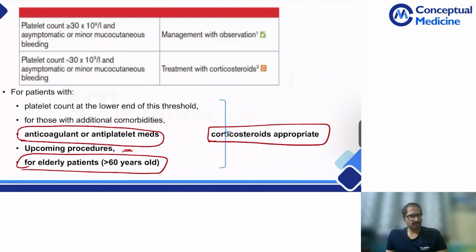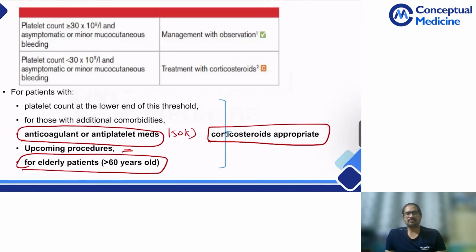If the patient is on aspirin, clopidogrel, heparin, or warfarin, we try to keep a cutoff of 50,000 to prevent spontaneous hemorrhages. Or elderly patients, more than 60, because they are more frail and have more chance of bleeding. Those patients you can treat with steroids.